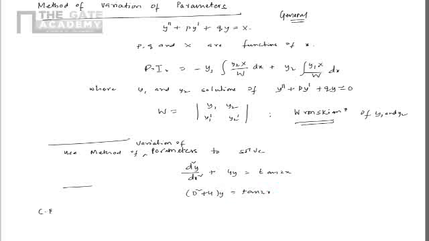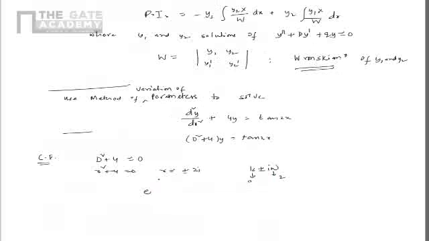Now the complementary function: D square plus 4 is equal to 0, or r square plus 4 is equal to 0, so r is equal to plus or minus 2i. Keeping this in the k plus i omega form, k is 0 and omega is 2. So the complementary function is e power kx into c1 cos omega x plus c2 sin omega x.